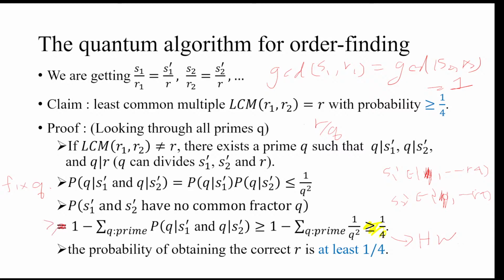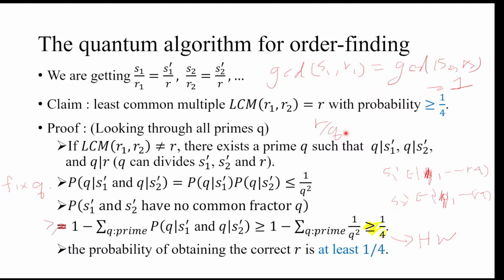So the probability is greater or equal to 1 minus every event that you can get wrong. So you sum over prime Q such that Q is a common factor of S1 prime and S2 prime.